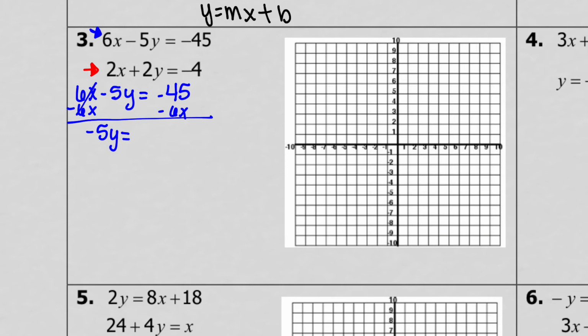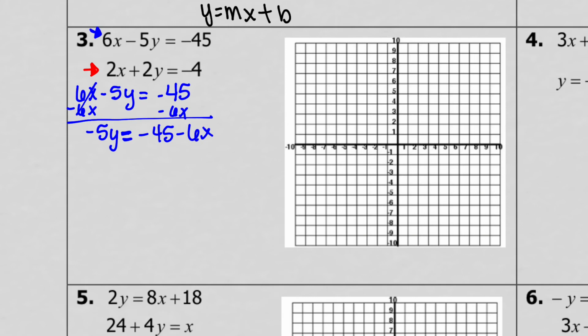What do I get on the right side? -45 minus 6x.